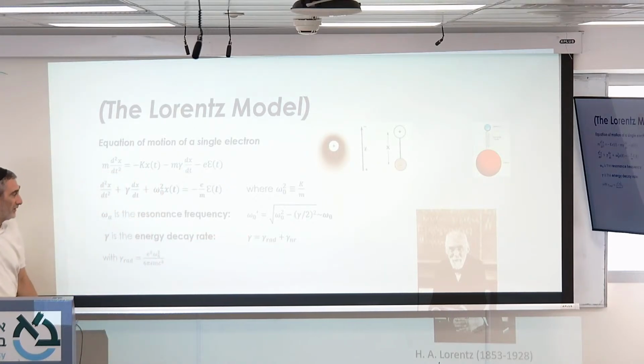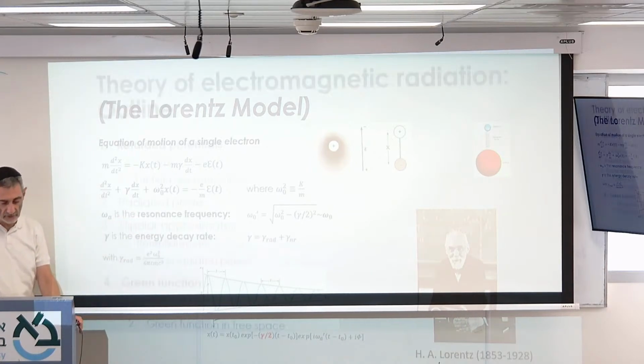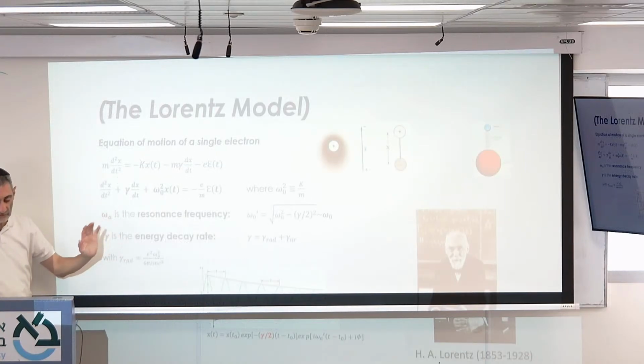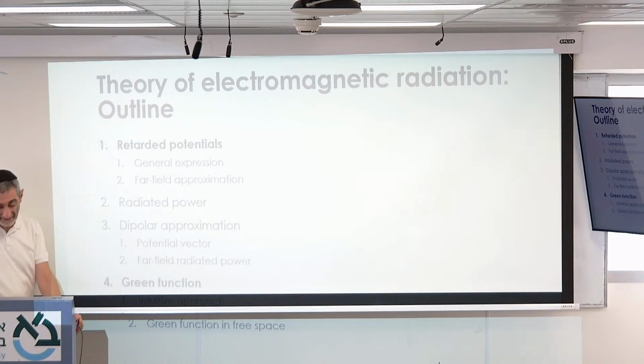All the physics can be described with this simple model. And you get this kind of damped oscillation. But forget about that. I like this model because you can really sense it.